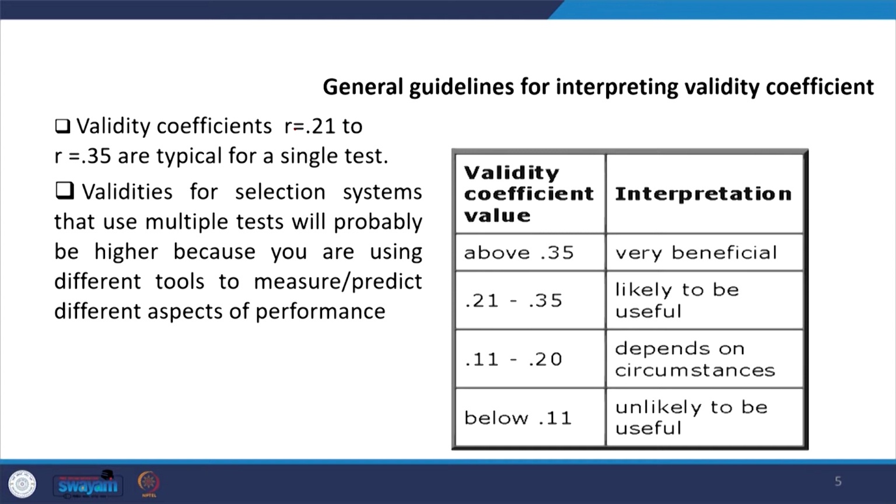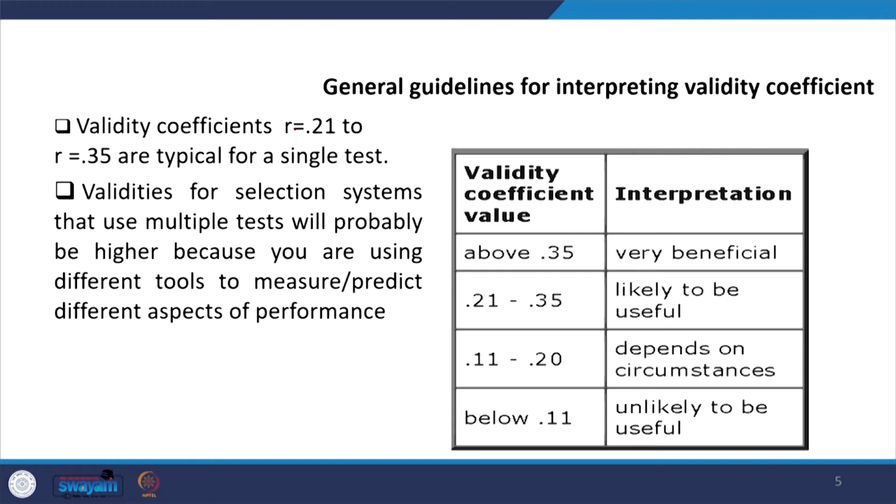If the validity coefficient is below 0.11, your sample data is unlikely to be useful for estimating your population characteristics. If it is above 0.35, that is very beneficial. In between there is a certain likelihood of use.